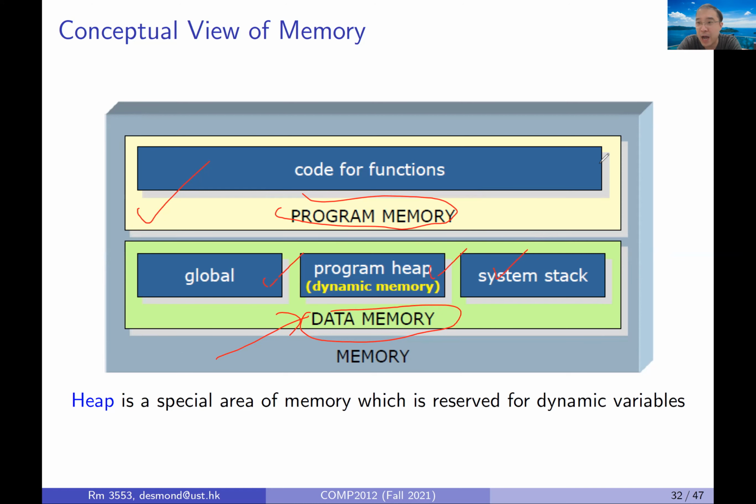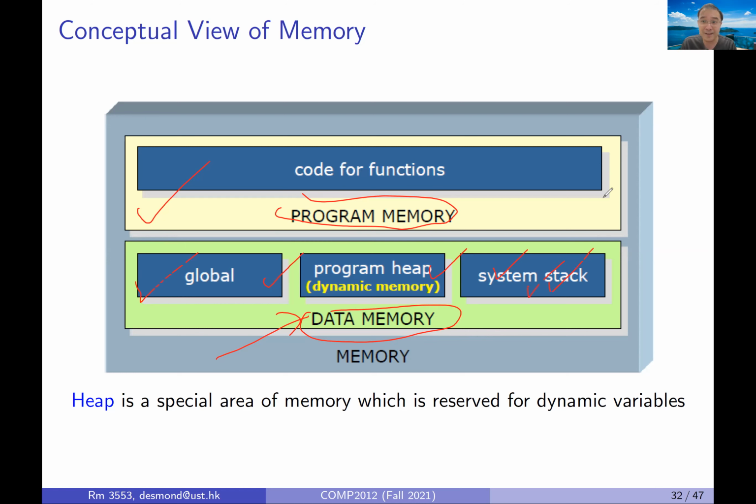Which part of the memory are we going to use if we define global variables? Global. Yes, you're so clever. If you define global variables, you are going to obtain memory from this part. What about if you define local variables? Local variables use the stack. You are going to get memory from the system stack.